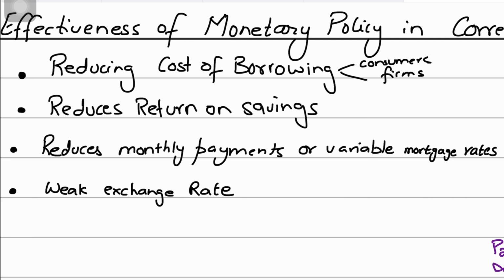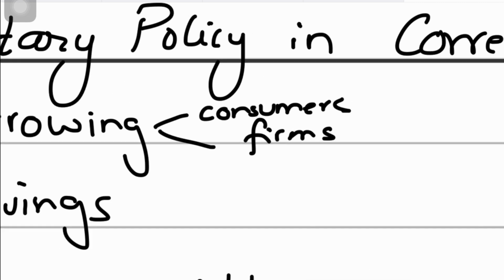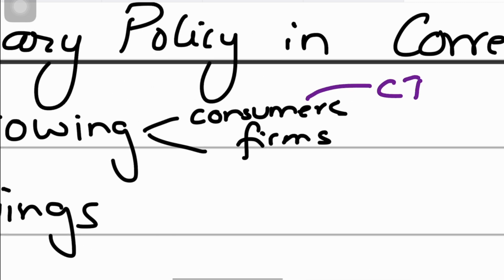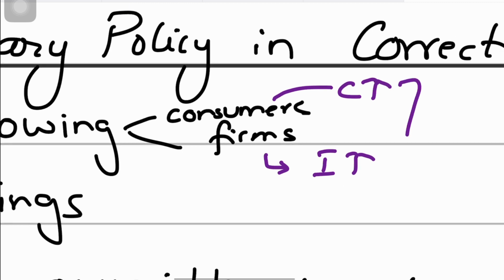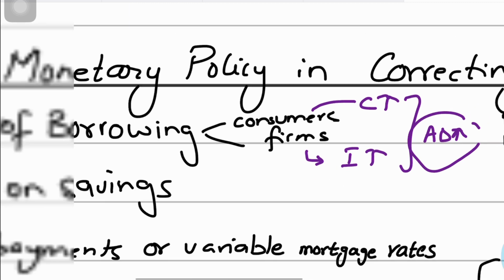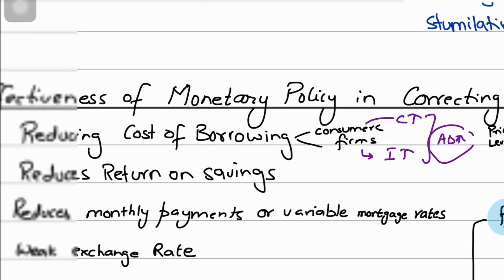Firms would also borrow more money and invest more in expansion of businesses, on machinery, plant, equipment, buildings, and factory expansion, and that would cause investment in the economy to go up. So this is going to cause C to go up while this is going to cause I to go up, both of which are part of the AD equation. So AD goes up because of that. This is something that you need to mention.